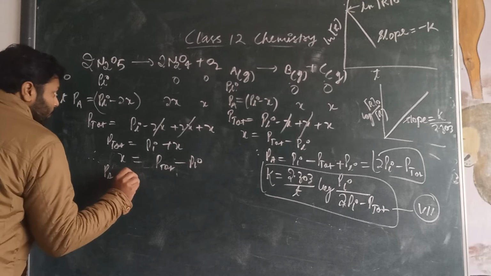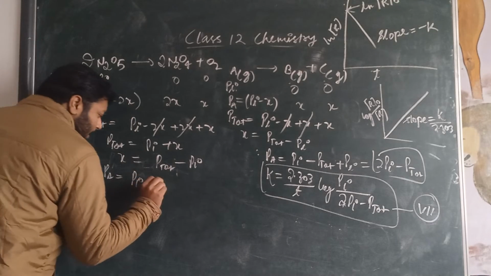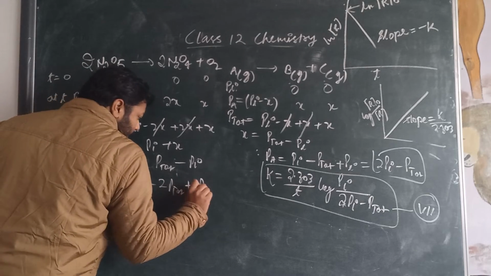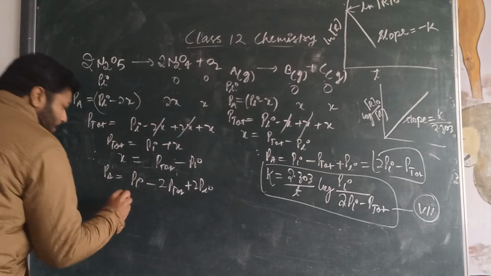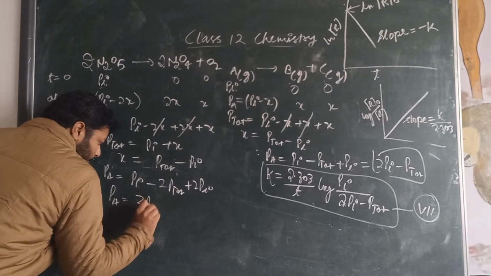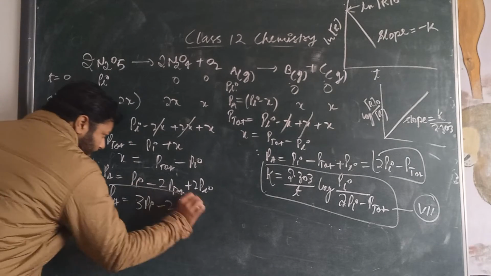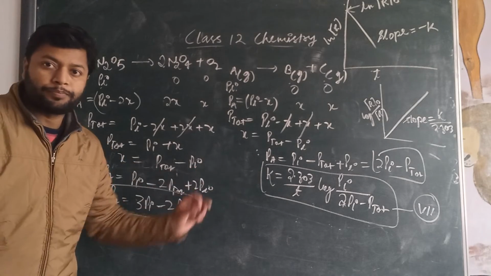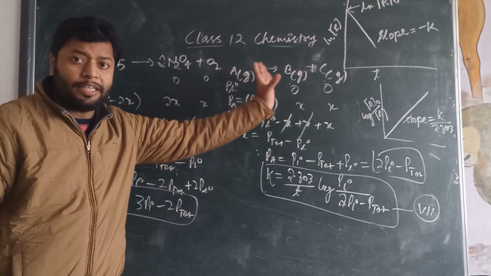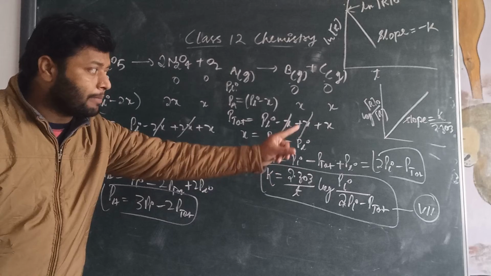PA equal to Pi minus 2P total plus 2Pi. Look at the difference. When the coefficients of all species of the reactants and products are 1, then the value of PA is 2Pi minus P total.